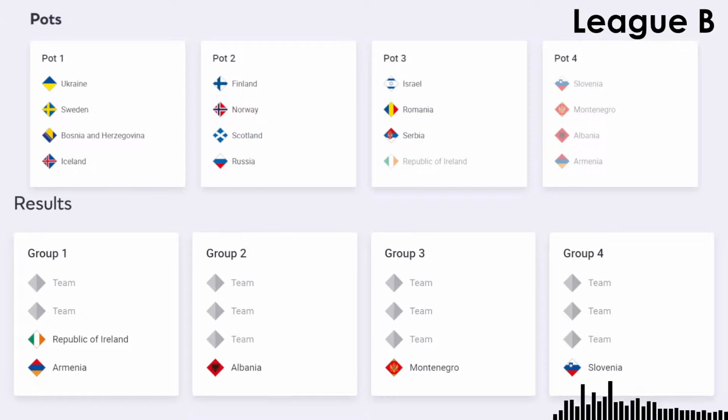UEFA Nations League draw is ongoing. League B draw is ongoing, currently Pot 3. Our favorite teams are in League A anyway.